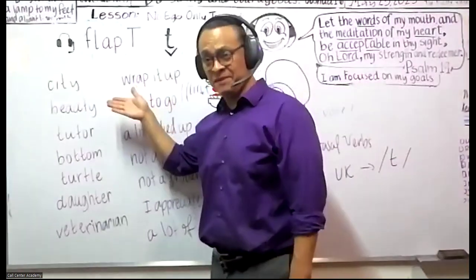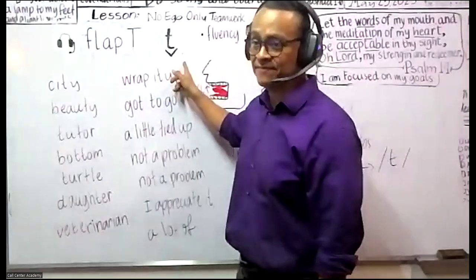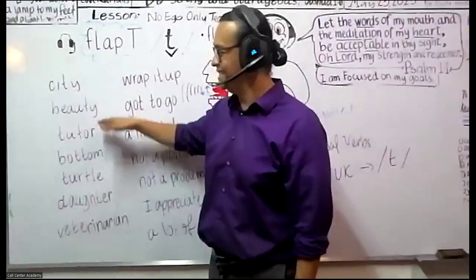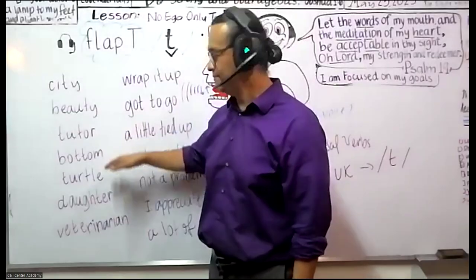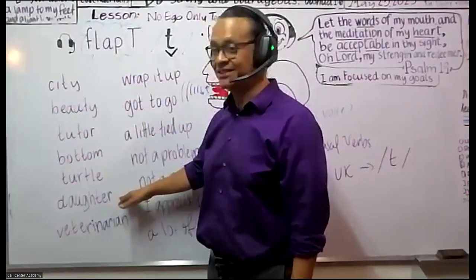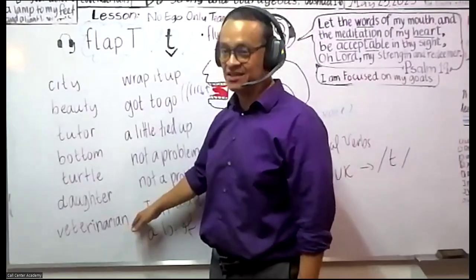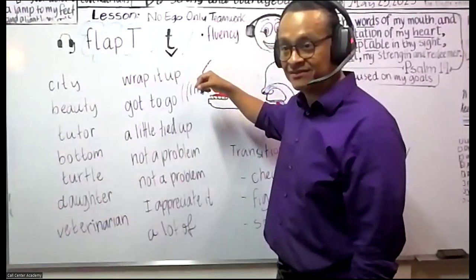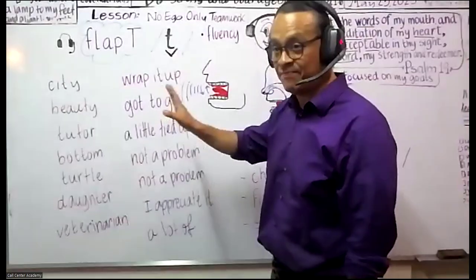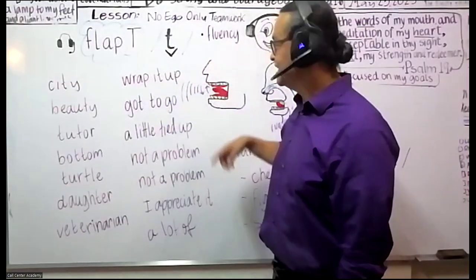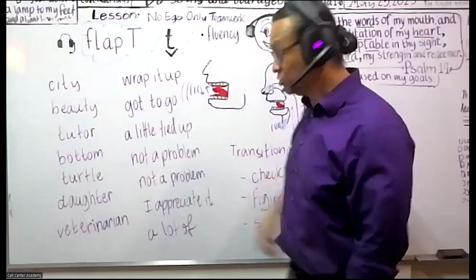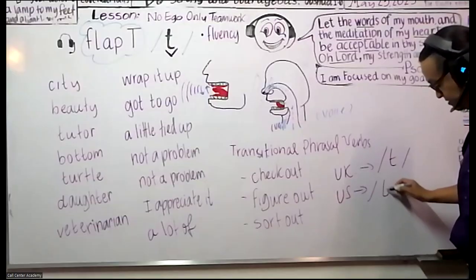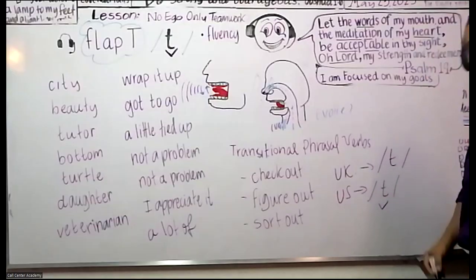However, when we speak American English, it's a flap T. So people say city, beauty, tutor, bottom, turtle, daughter, veterinarian. The flap T allows for quicker pronunciation, because there's no stop. It's ra-ra-ra, it goes very fast. So that allows for faster English. In US General English, what you're going to hear is the flap T.